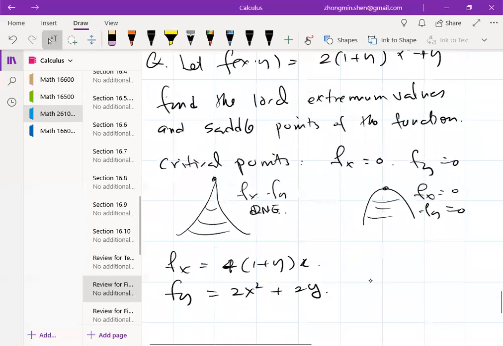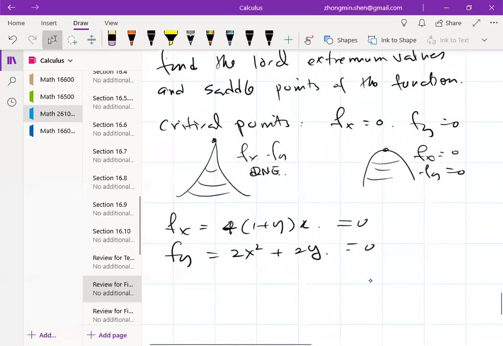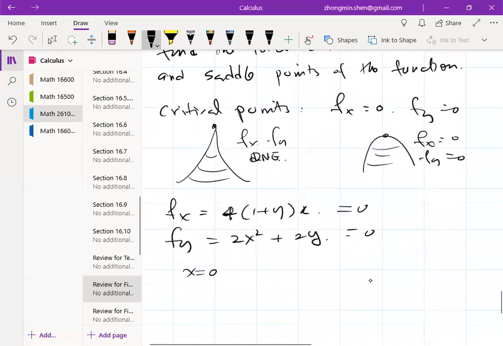You have to set these to 0 and solve. From the first equation, you will see that x is 0 or y is negative 1. If x is 0, y must be 0 from the second equation.